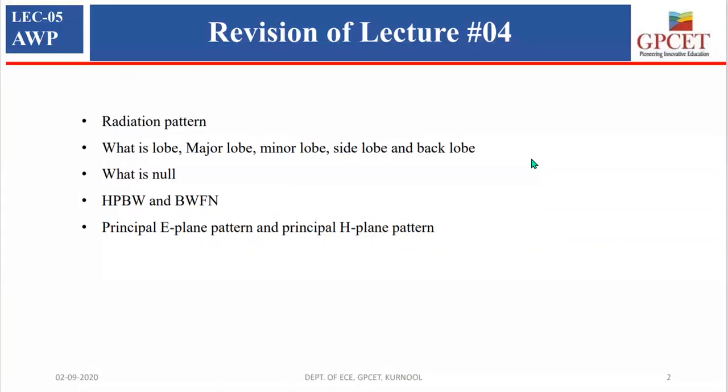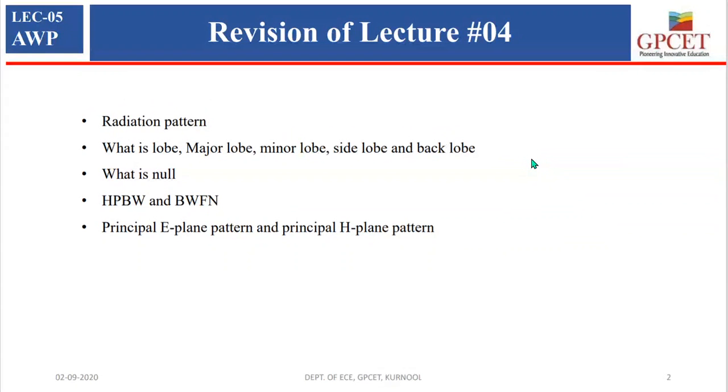If we draw the radiation pattern by measuring the power, then we call it a power pattern. Likewise, if we draw the radiation pattern by measuring the electric field or magnetic field, then we call that pattern a field pattern.